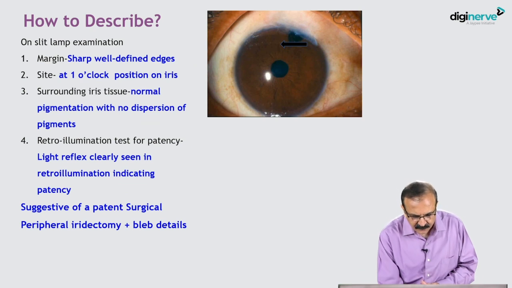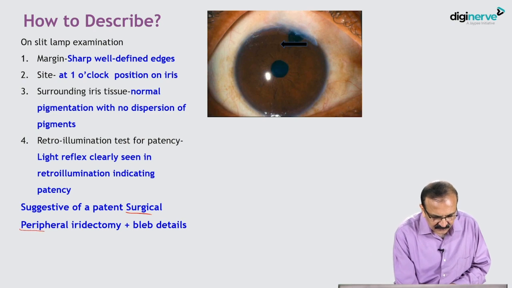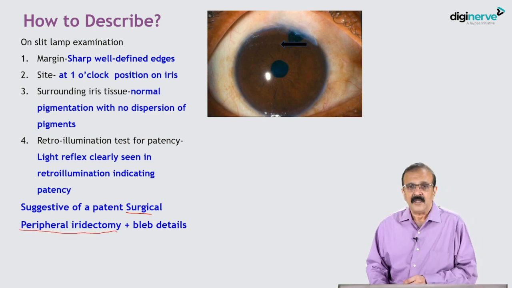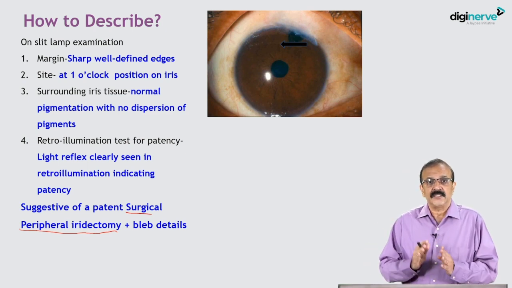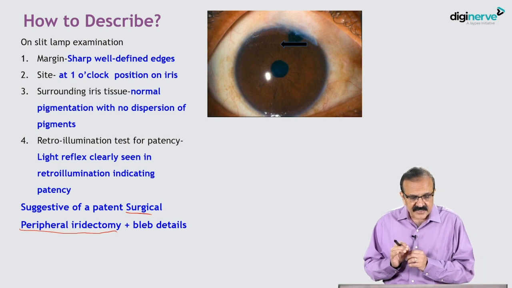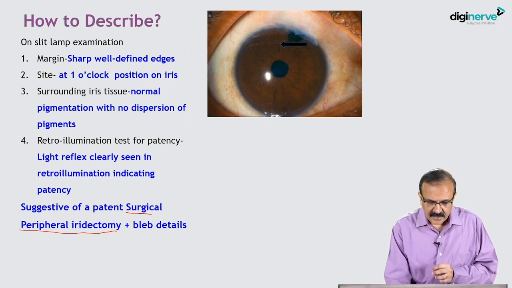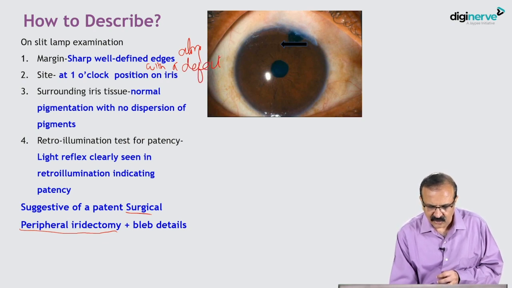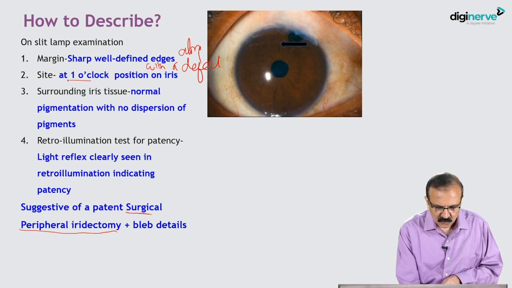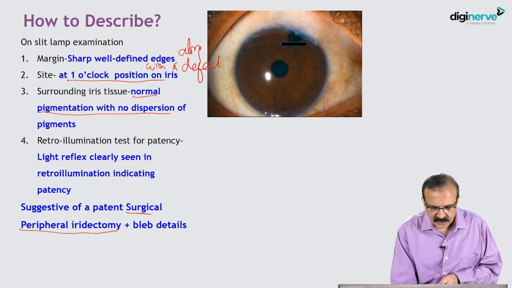Now we are going to describe a clinical case where you had a surgical peripheral iridectomy plus bleb. For the bleb, you should go for those 8 points. But just for the surgical peripheral iridectomy, we'll say there are sharp, well-defined edges along with the defect of the iris at 1 o'clock position with normal pigmentation with no dispersion of pigments.